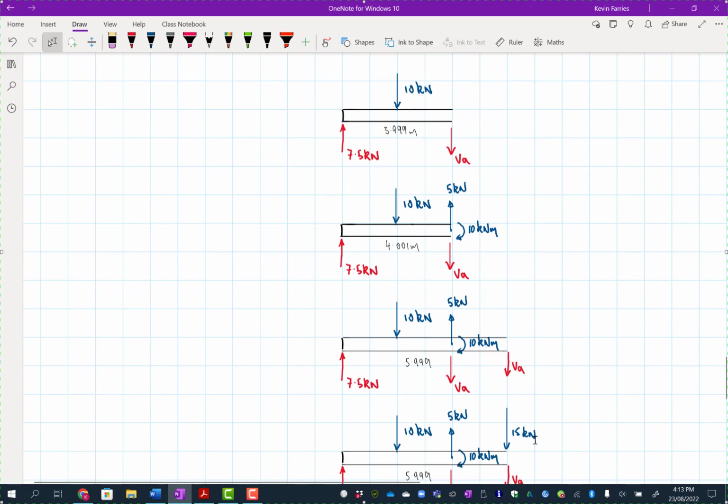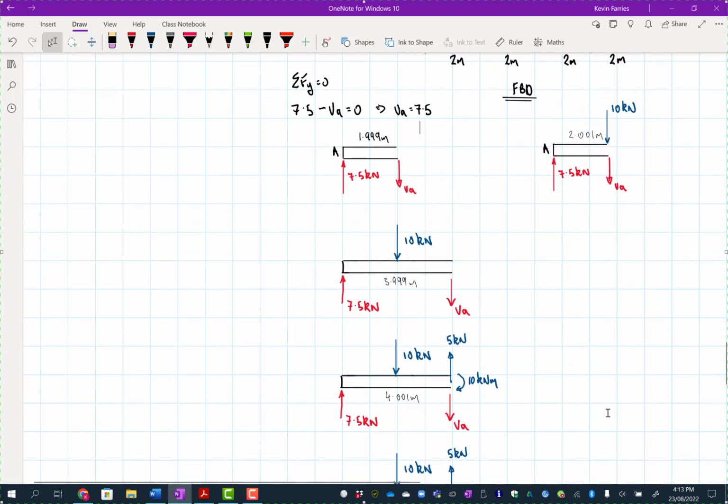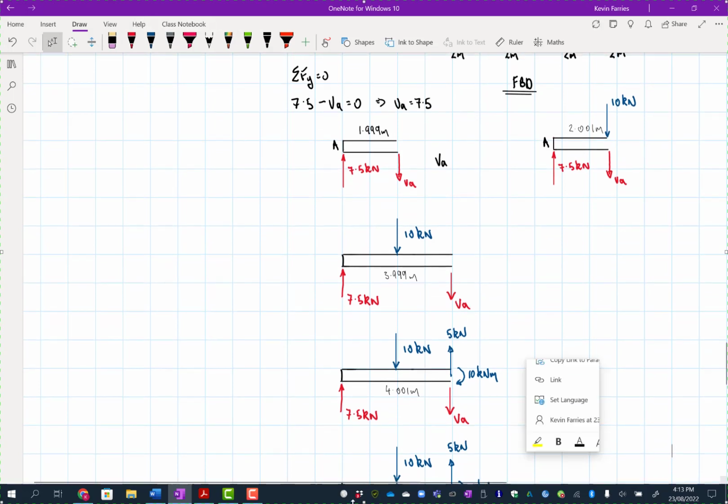So we've gone along. I should really write these down. So this one here, and you can work through the calcs if you're not sure where I'm getting these numbers from. Just do the sum of the Fy, just do that thing. So up until that point, VA is going to be 7.5 kilonewtons.